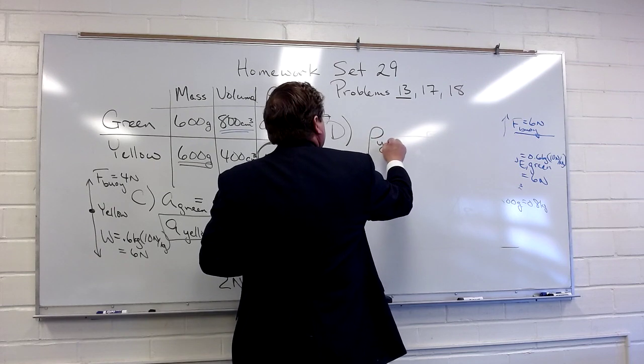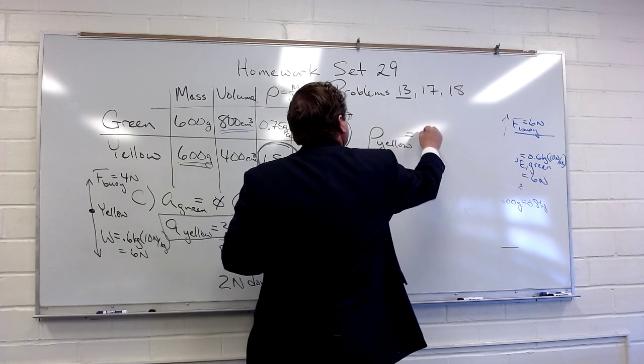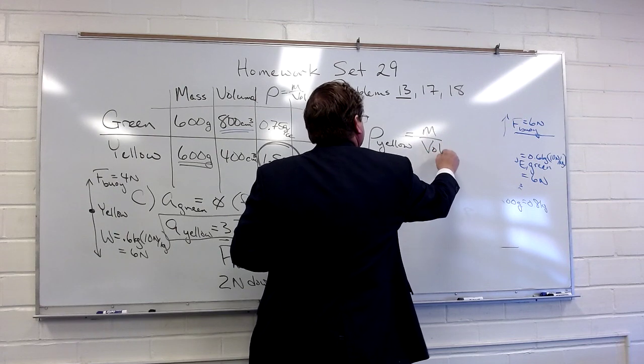The density of the yellow material is the mass divided by the volume.